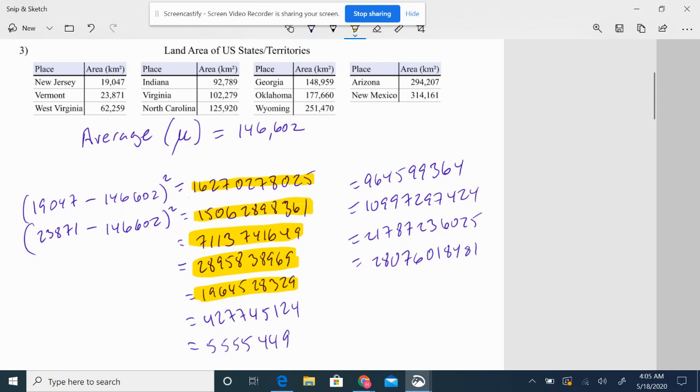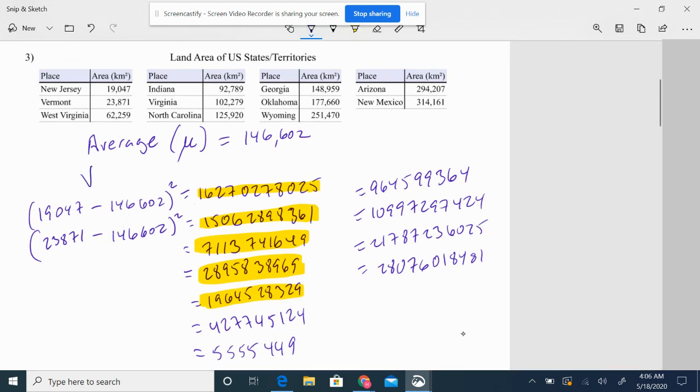And then let me get the average of these numbers. So I'm just going to add them all up, divide them by 11.